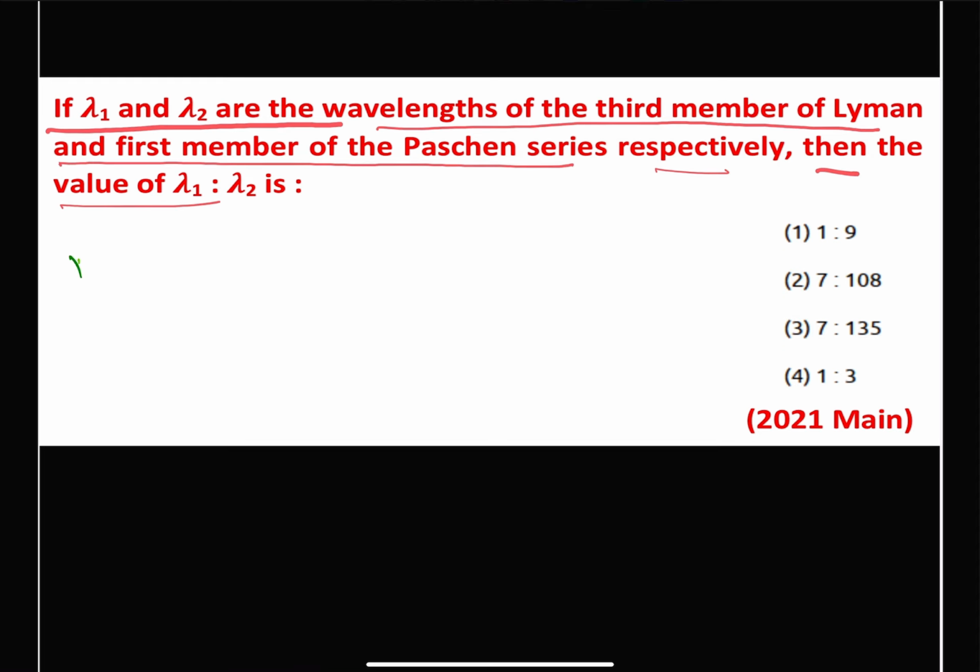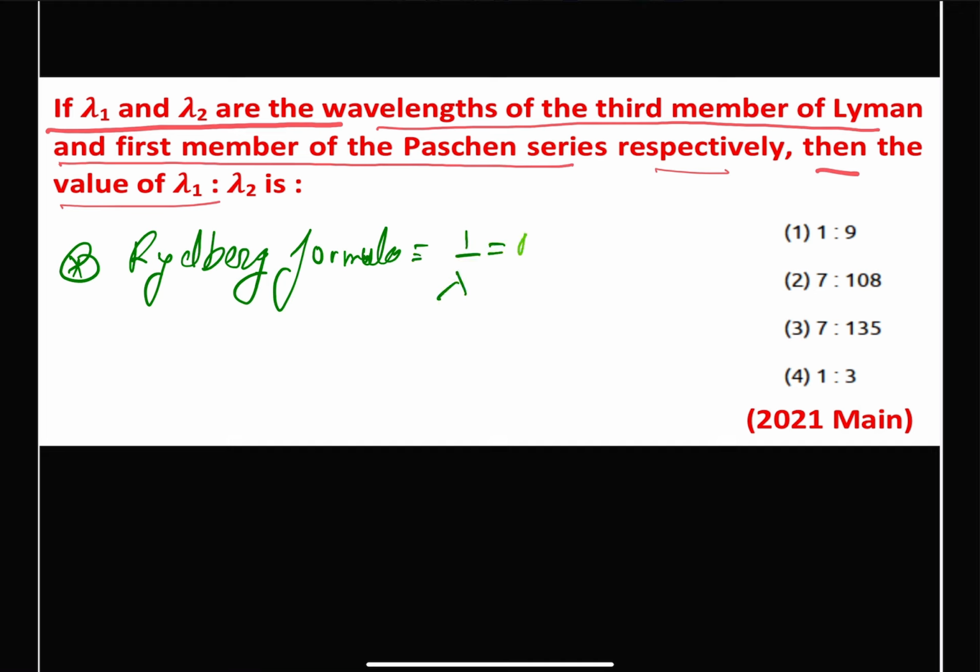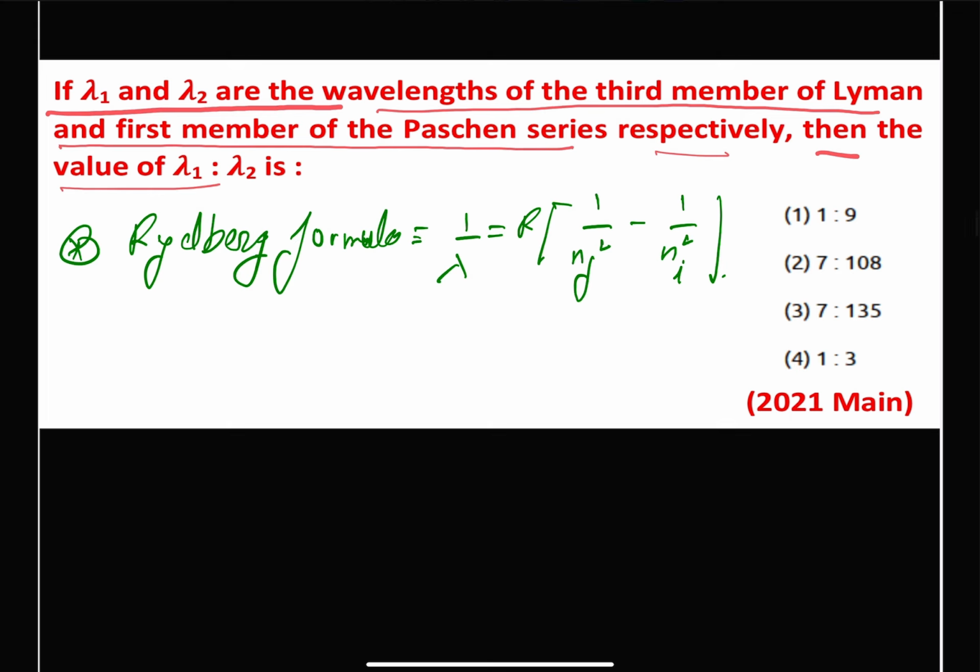So the Rydberg formula gives 1 upon lambda is equal to R times 1 upon nf square minus 1 upon ni square, where nf is the lower energy level and ni is the higher energy level.